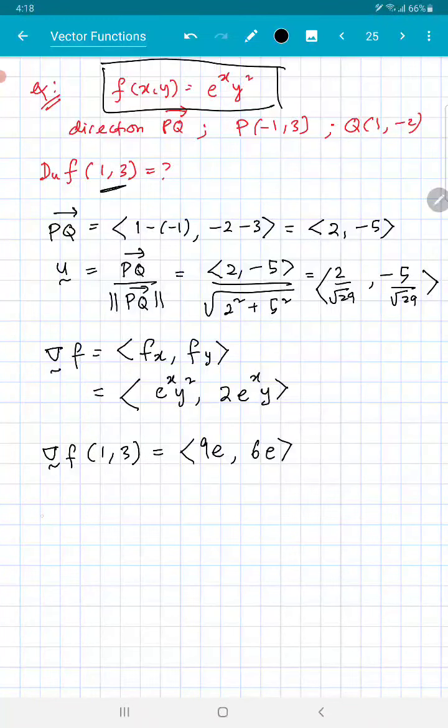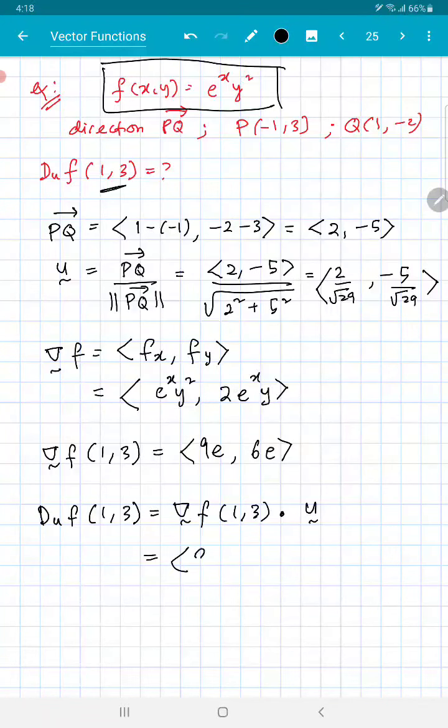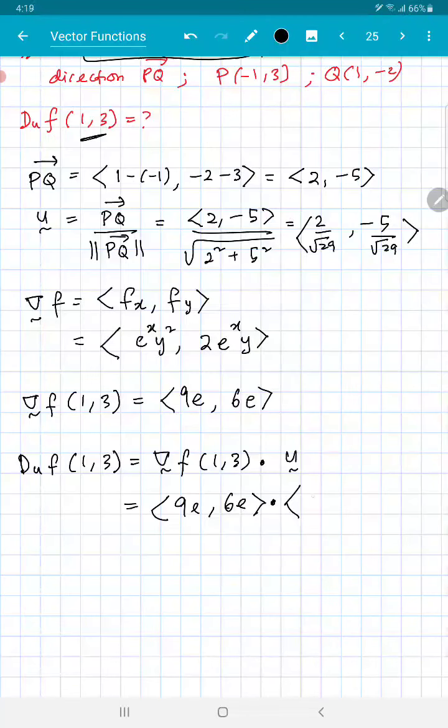Now the directional derivative of f in the direction of u, which is the same direction as PQ, at point (1, 3), is del f at point (1, 3) dotted with the unit vector u. So here we have 9e i plus 6e j dotted with the unit vector u, which is the same direction as vector PQ but as a unit vector.